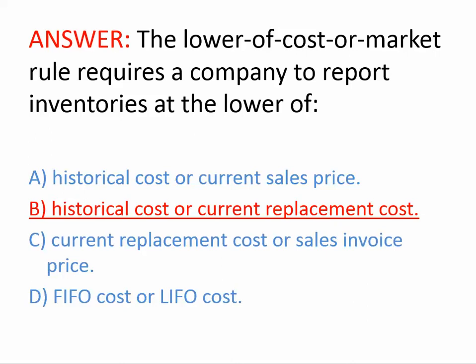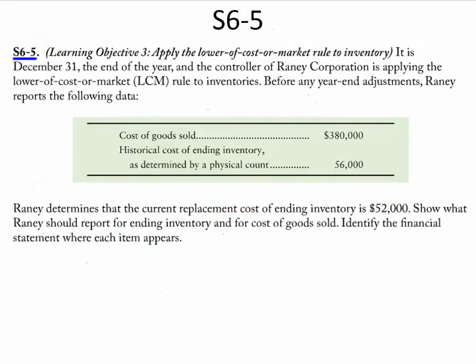Okay, so now we get into short exercise 6-5. And this is an application of the lower of cost or market rule. On short exercise 6-5, it's December 31st, the end of the year, and the controller is applying the lower of cost or market rule to inventories. Before any year-end adjustments, here's their data.